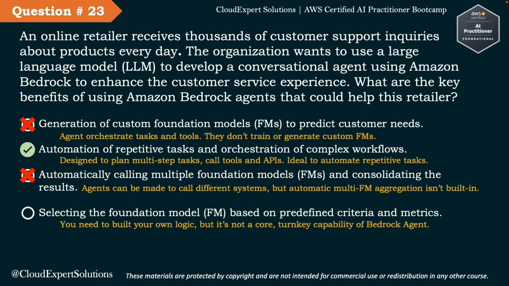Model evaluation or selection is a separate concern. Agents do not automatically route across models based on metrics as a built-in feature. You can implement your own routing logic, but Amazon Bedrock does not have this inbuilt capability. That is why option number 4 is incorrect.